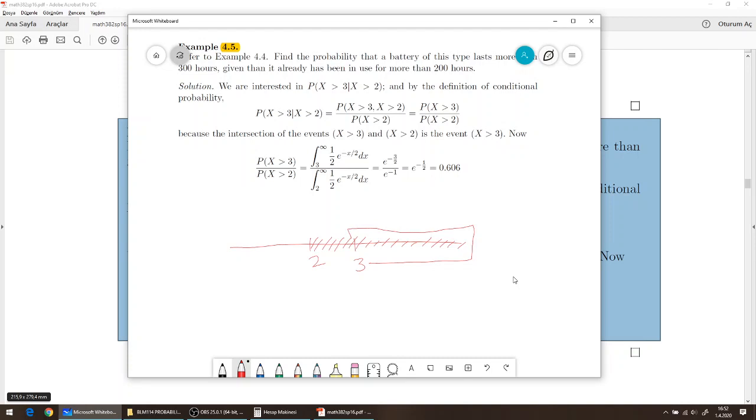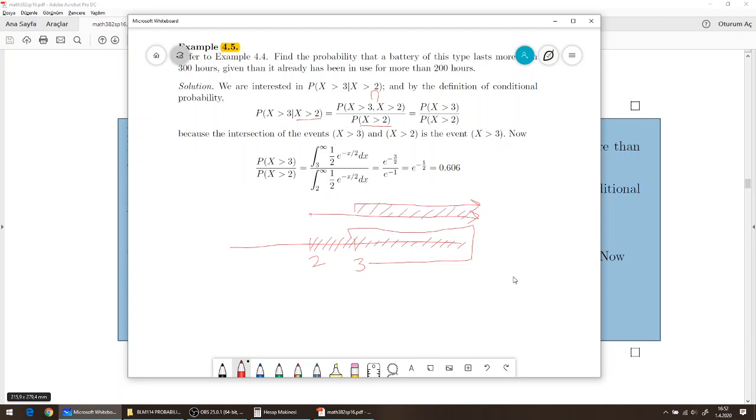So the upper side is in fact the intersection, and the denominator is only the right side of the conditional probability expression. The intersection of being greater than 2 and being greater than 3 is just here.